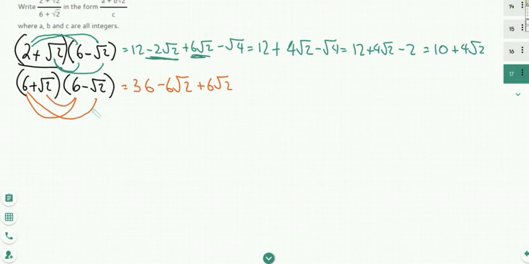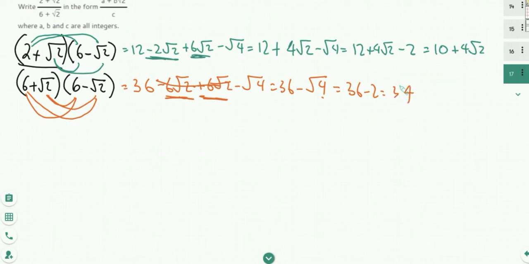And root 2 times negative root 2 is negative root 4. These are both root 2 terms. Negative 6 root 2 plus 6 root 2 is nothing. They cancel out. So it's just 36 minus root 4. And the square root of 4 is just 2, so it's going to be 36 minus 2, which is 34.